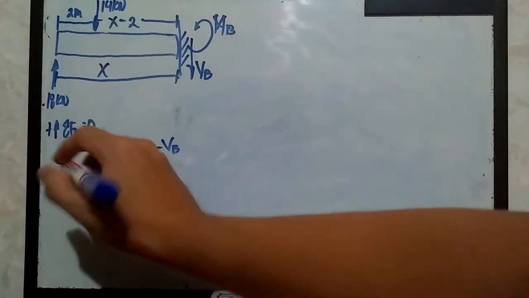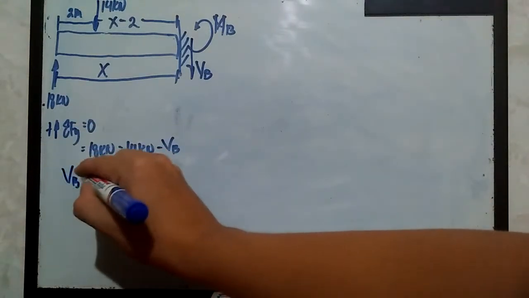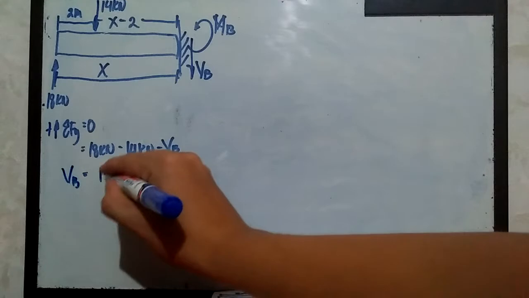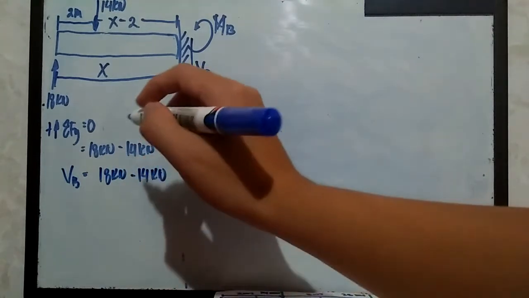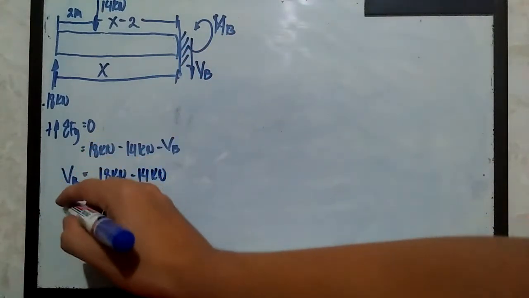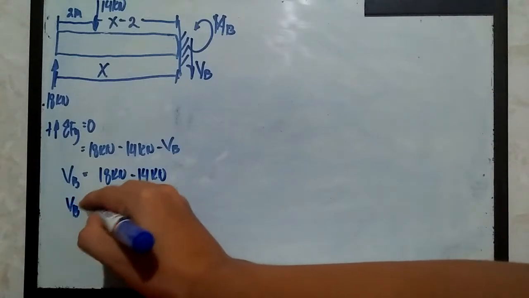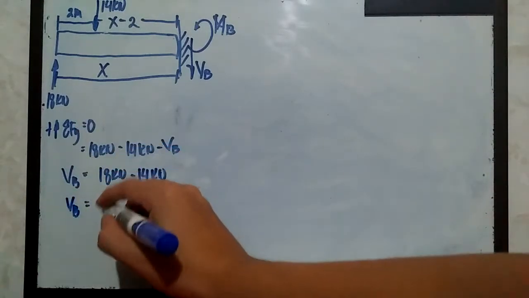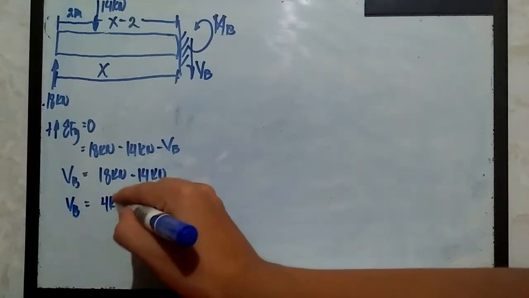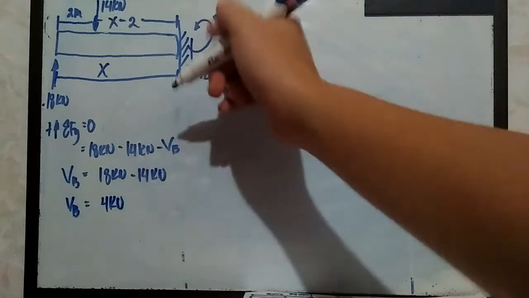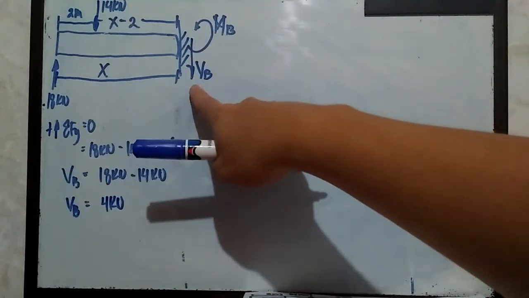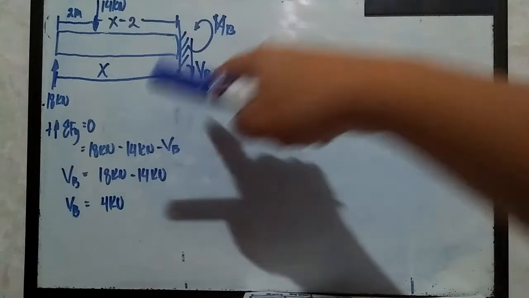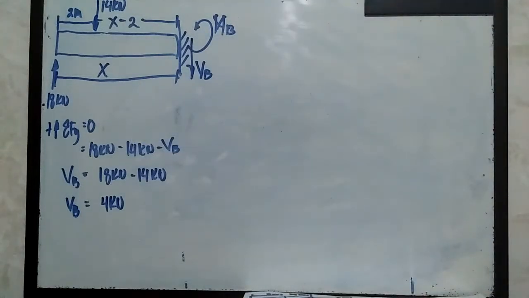Isolating V sub B, that should be 18 kilonewtons minus 14 kilonewtons, so V sub B is basically 4 kilonewtons. Since we have a positive answer, our initial assumption for V sub B, the shear force acting at that cross-sectional area, is correct.